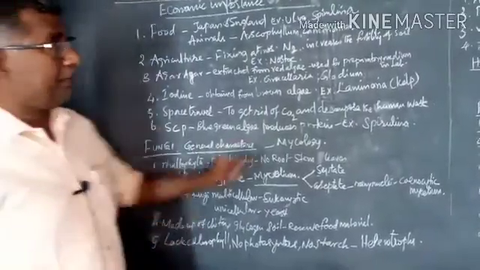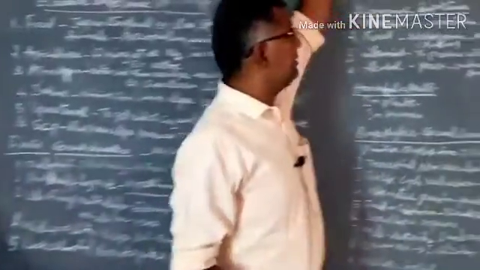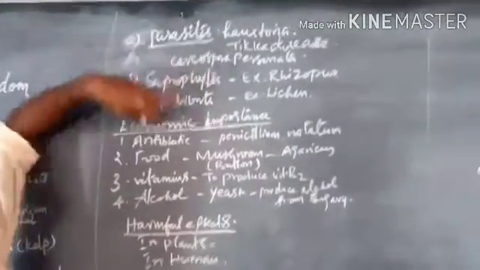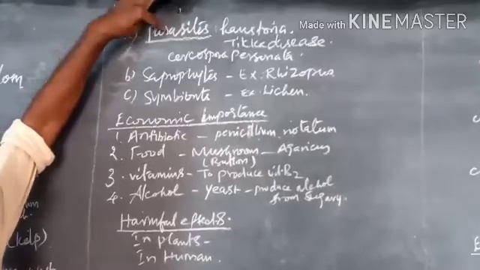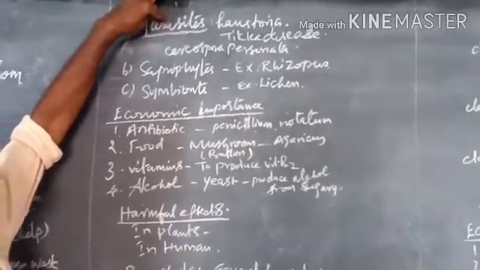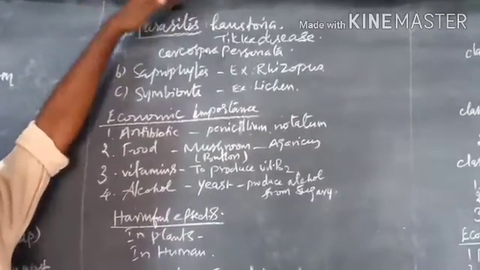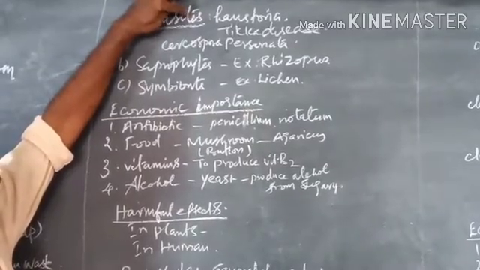So they may be parasites, saprophytes, or symbionts. Parasites depend on other organisms for their food.